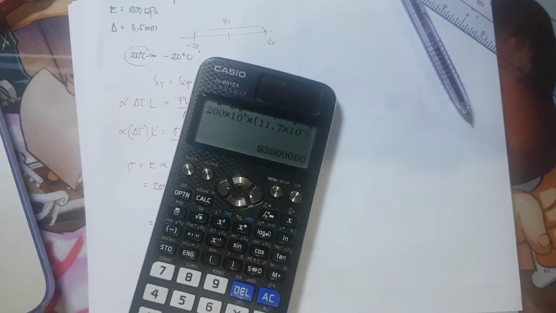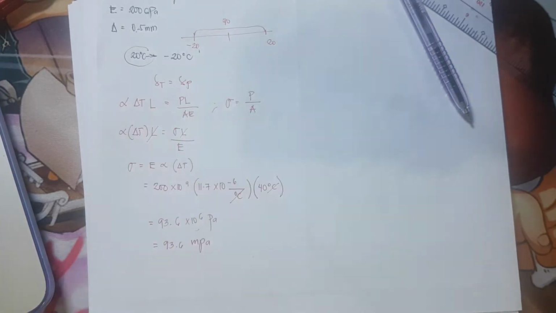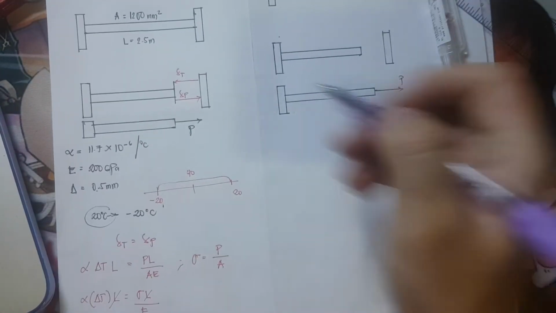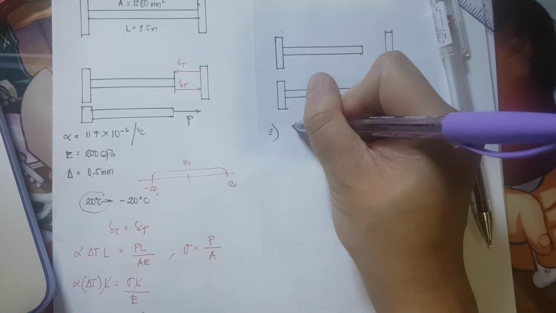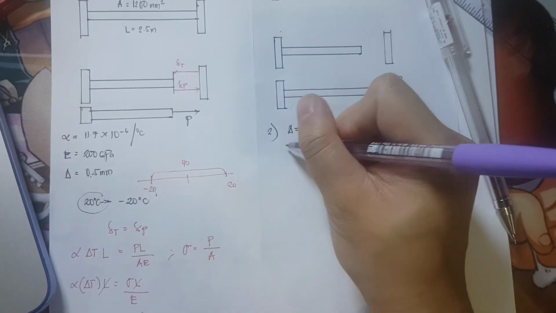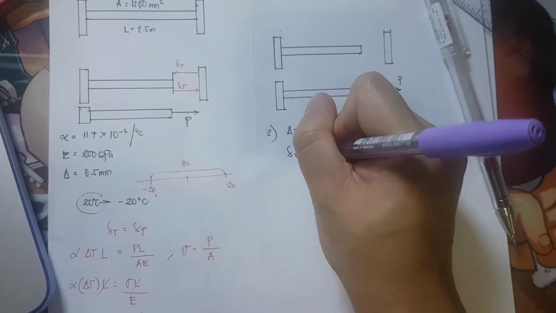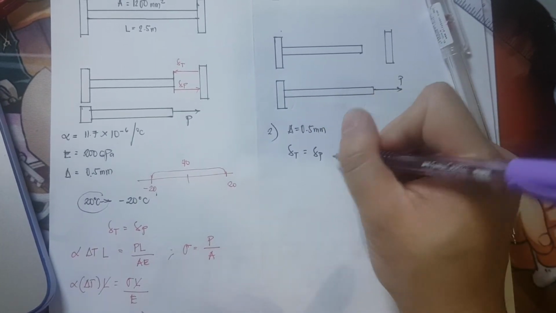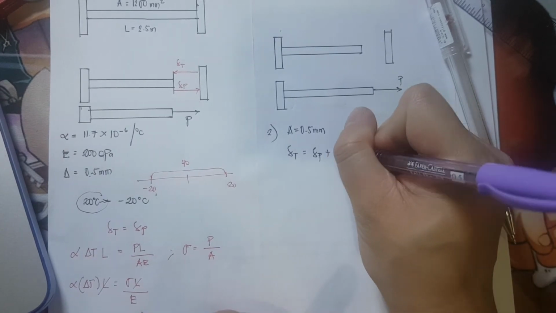Now for the second condition from our given, if the walls move together at a distance of delta equivalent to 0.5 mm. So for condition number 2, if we're basing it on compatibility, we have here the change which is equivalent to 0.5 mm. We will be having the deformation due to temperature is equivalent to the deformation due to force P plus delta.